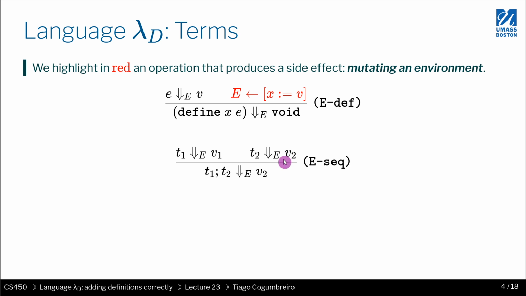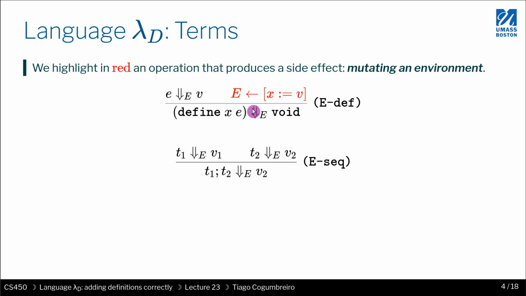So if you have T1 sequenced with T2, you execute recursively first T1 and then T2, and the result of the whole sequence is the return value of T2, which makes sense. When you write code in Racket, you have one expression and a second expression, and only the last value is returned. This is what the rule E-seq is embodying; it's really just defining that notion.